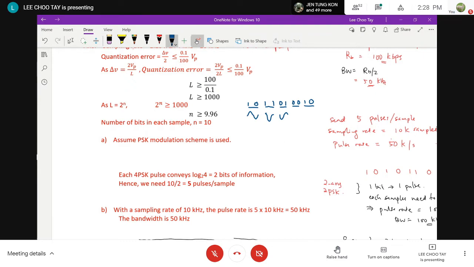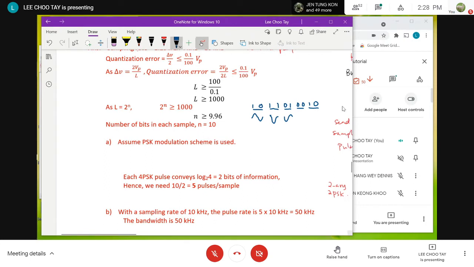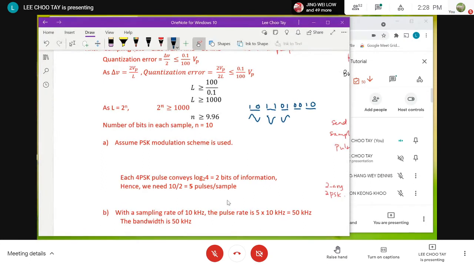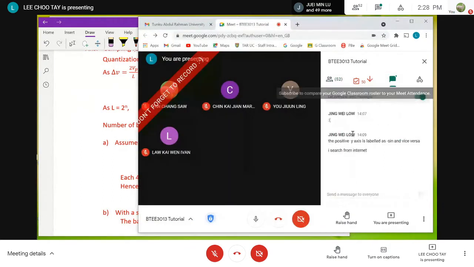Okay, is it clear for you? Don't take the other one first. The other side, we're going to leave it first. Don't want to confuse you. Okay, got question? Minus sign.